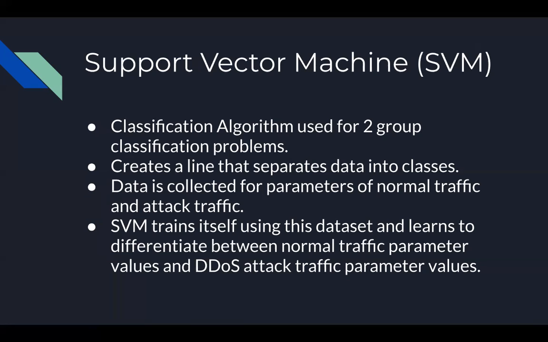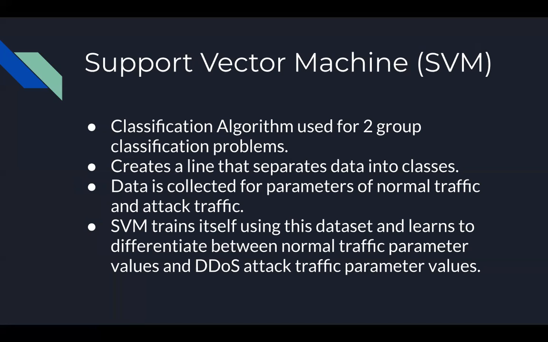Now, coming to support vector machine. Initially, we had started this project with only the aim of figuring out these parameters, and how these parameter values change for normal traffic and for attack traffic.